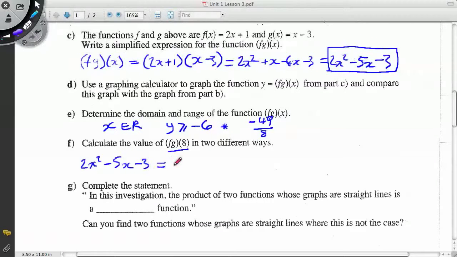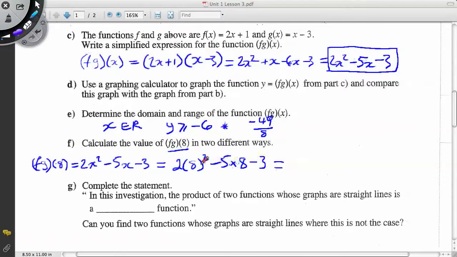So let's do that. f g when x is 8 will equal 8 squared minus 5x. x is now 8, so we'll have multiplied by 8 and then minus 3. So always remember BEDMAS when you do these things.